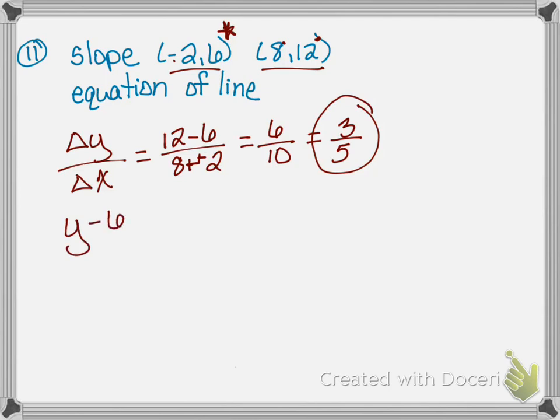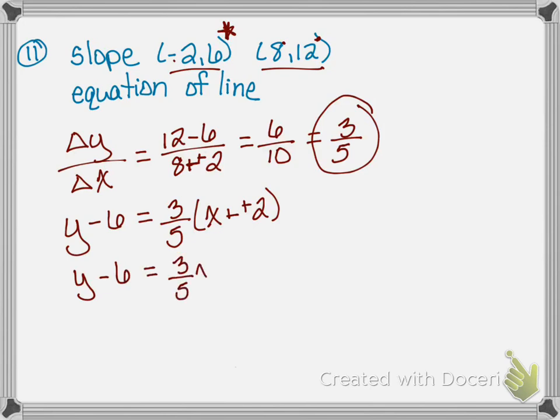minus 6 equals 3/5 times x minus -2. So our minus -2 becomes plus 2. So I've got y minus 6 equals 3/5 x.